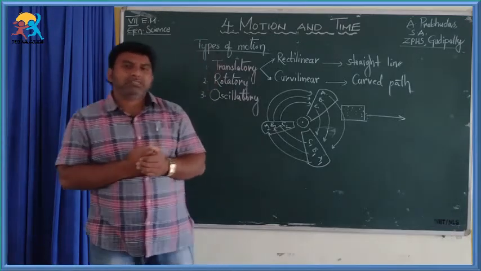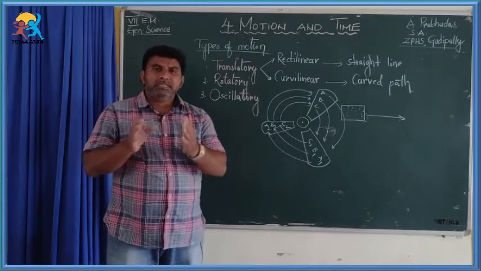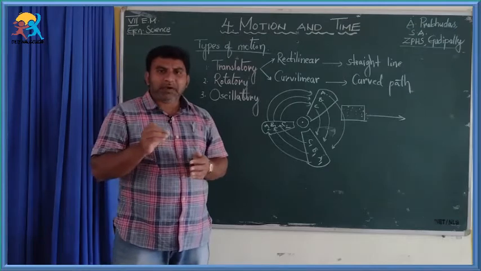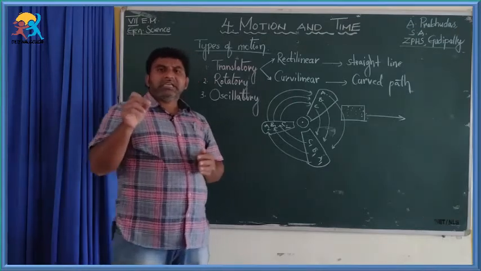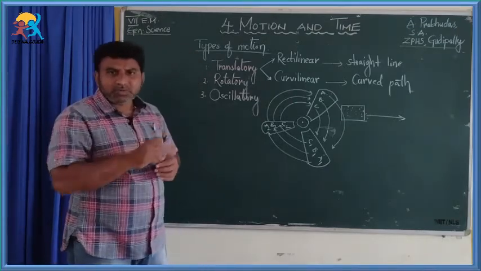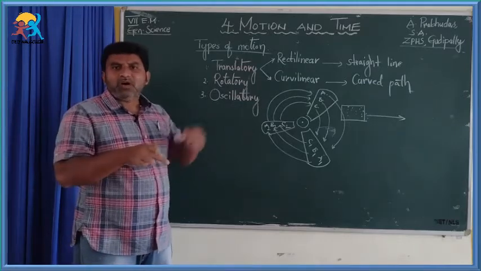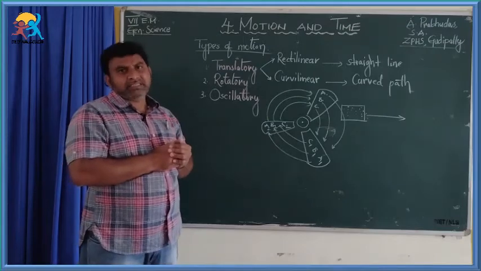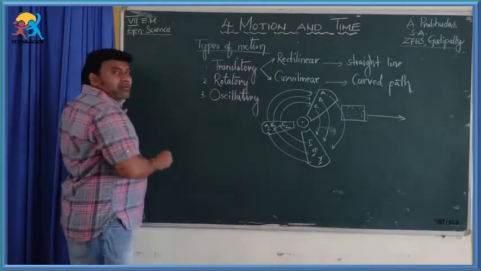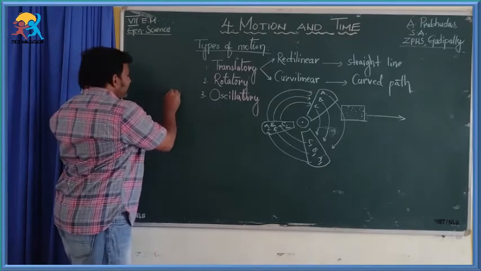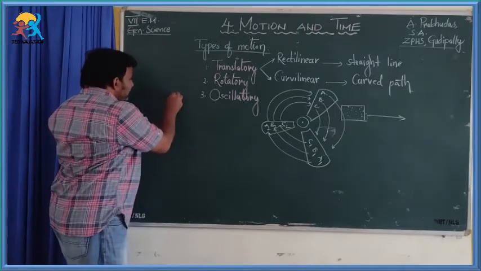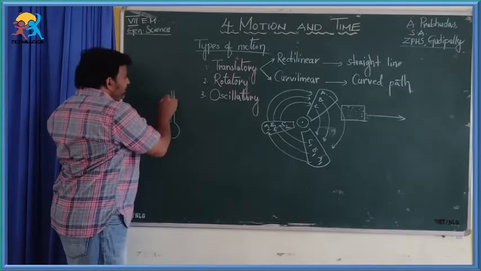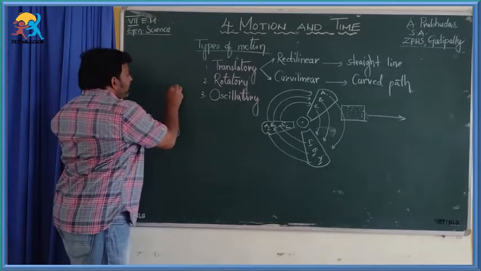So, the definition of oscillatory motion is: an object is said to have oscillatory motion if the particles present in that object move to and fro or up and down direction about a fixed point. For example, if you take the pendulum present in a clock, this pendulum is fixed to a point.